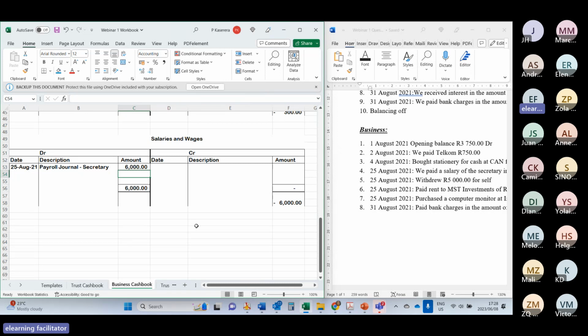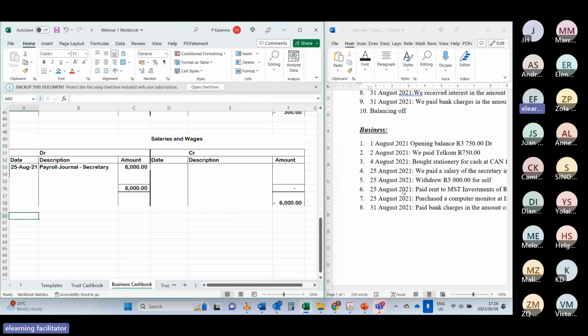We are owing SARS, we are owing UIF, the Department of Labor for UIF, and we are owing SDL if we are registered for SDL. Then we post it to the liability account. So our source document is the payroll. You should always do your payroll, your pay slips, your payroll listing. Should have a payroll system in place so that you use it to post to your ledgers. Okay.